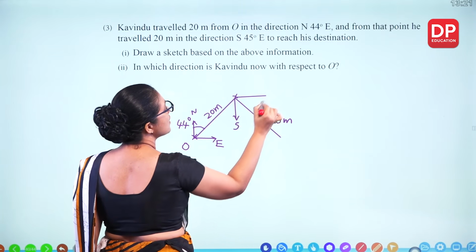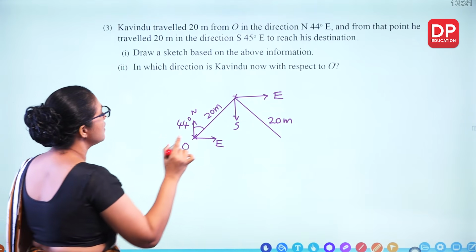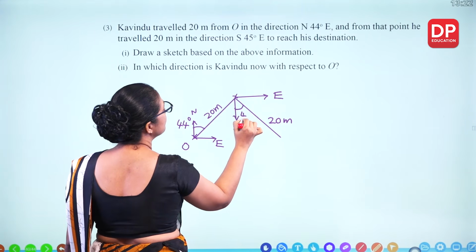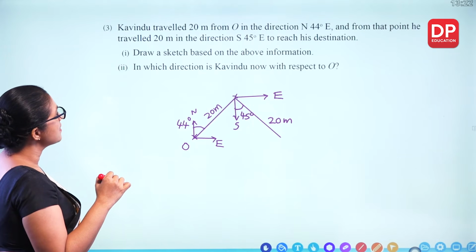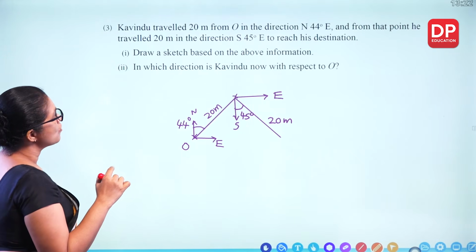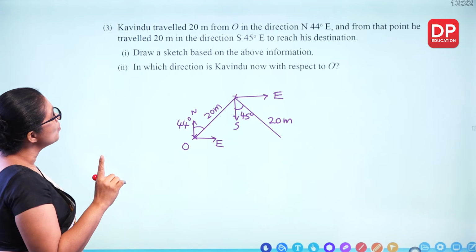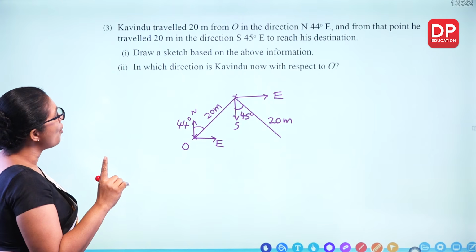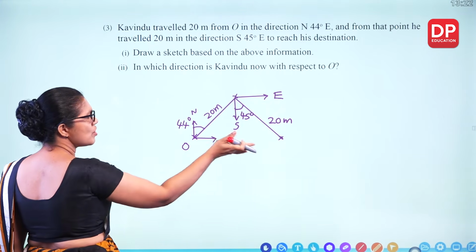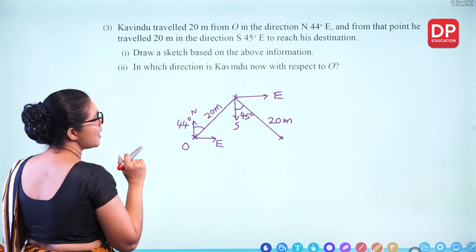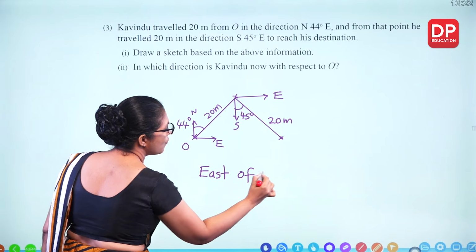This is south and east. So what's the angle? 45 from here. So 20 meters. Draw a sketch based on this one. And in which direction is Kavindu now with respect to O? So Kavindu is now here. Which direction? East side. So east of O.